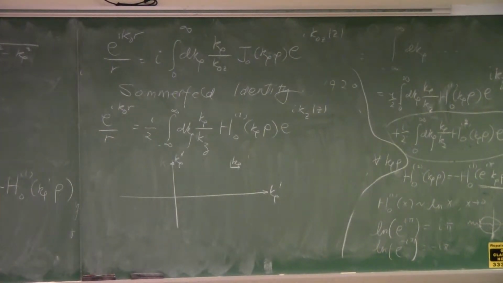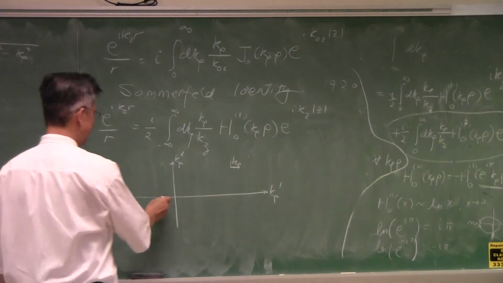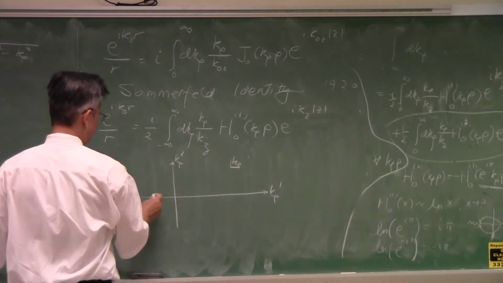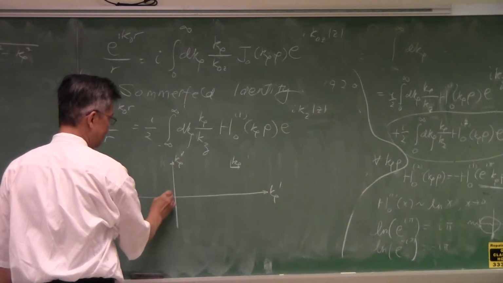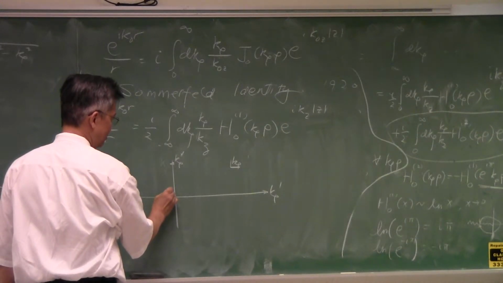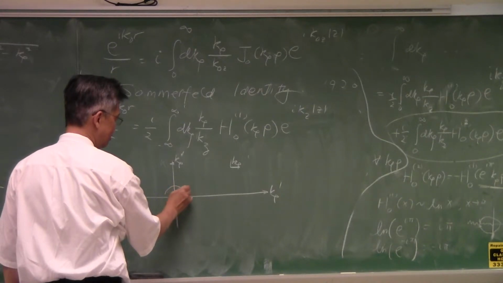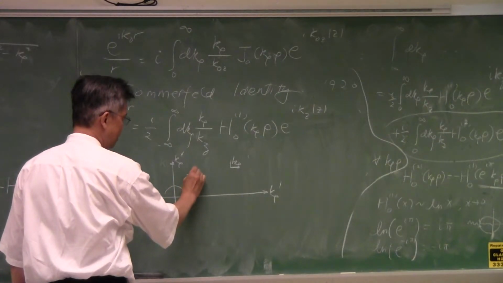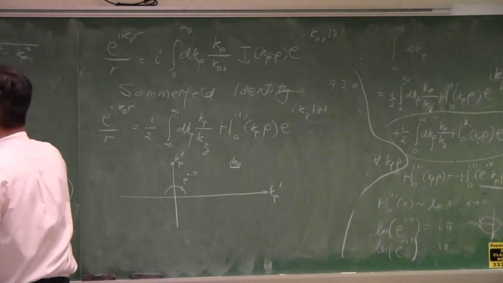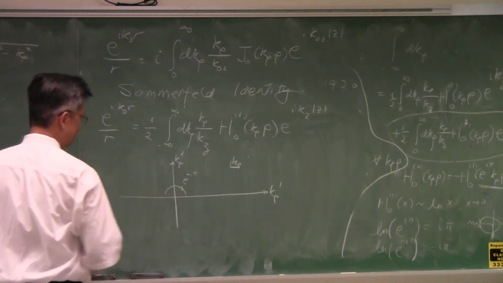If I contemplate on what this means, a negative number here has to add i pi in the clockwise direction. This is e to the minus i pi, is what it means, to relate that to the positive number.